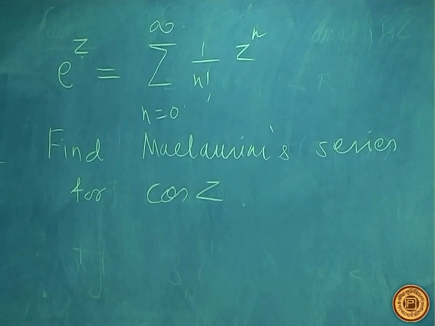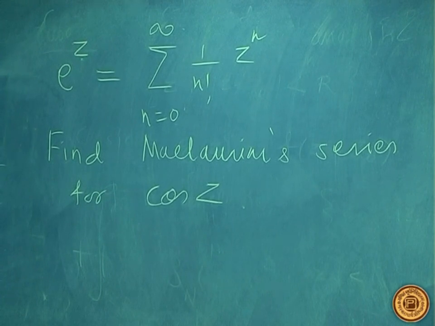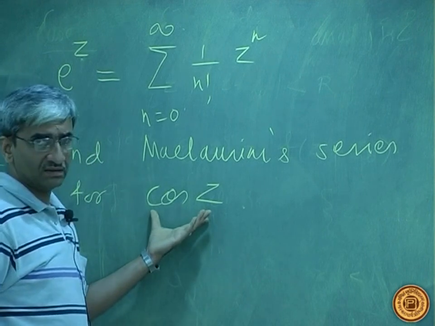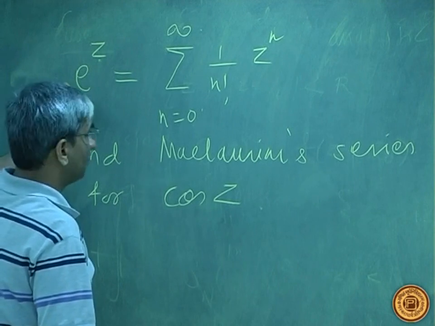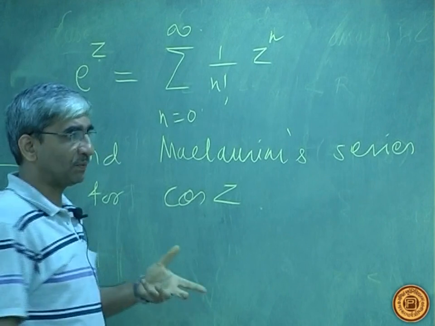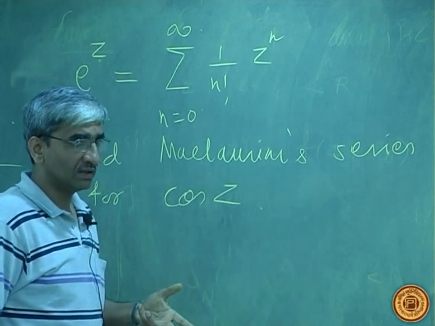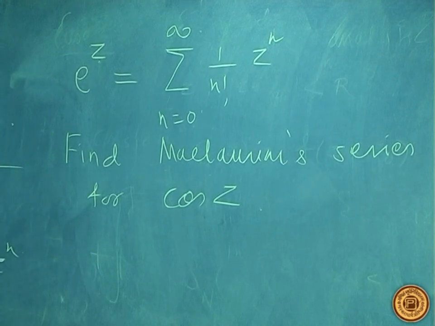Shall I give you 2 minutes? See, one way is you find the nth derivative of cos z, or you may use e to the power z and express cos z in terms of e to the power z and substitute. At present we will assume the manipulations with the series, that is, you can substitute one series in the other and so on.